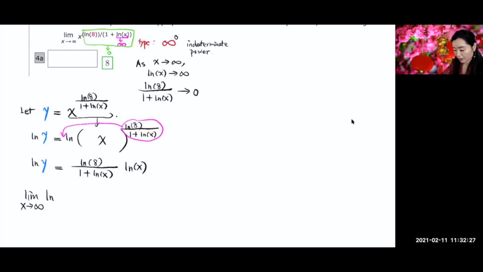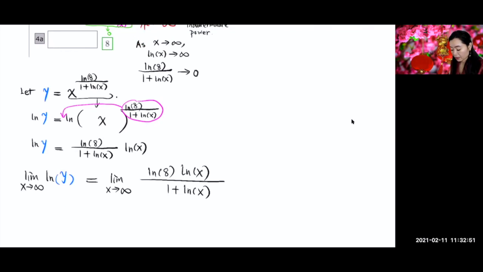And what happened to ln of y? Well, that's equal to the limit as x goes to infinity of ln of 8 times ln of x over 1 plus ln of x. So we're taking the limit of this.